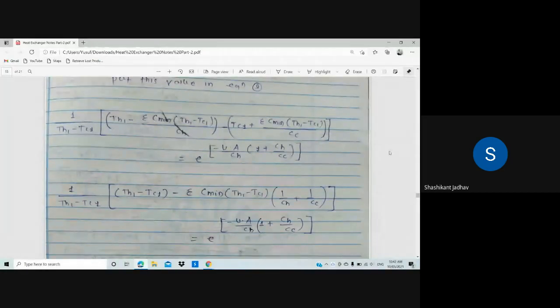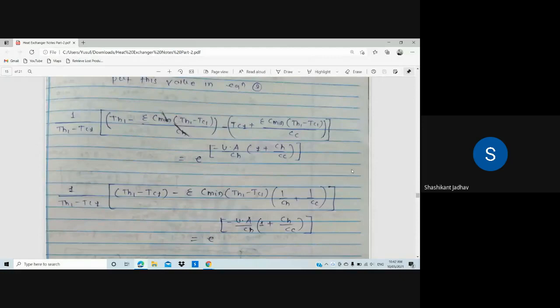By doing the simplification, we get the equation as 1 upon th1 minus tc1 into bracket th1 minus tc1 minus epsilon into c minimum th1 minus tc1 into bracket 1 upon ch plus 1 upon cc is equal to e raised to minus u into a divided by ch into bracket 1 plus ch upon cc.